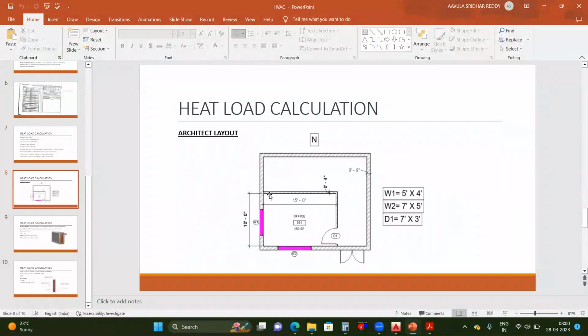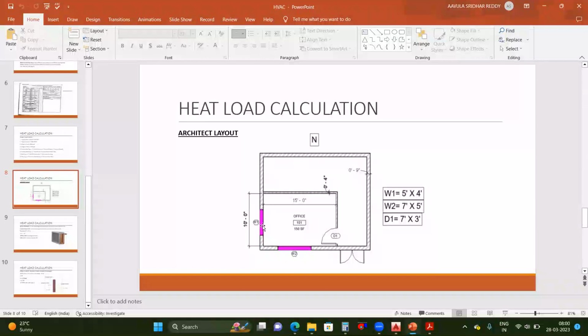If you see, we are designing this office space. 15 by 10 feet, 150 square feet area. Whenever we are doing the calculation, we need to check whether there are windows in this room that are exposed to sunlight or not.